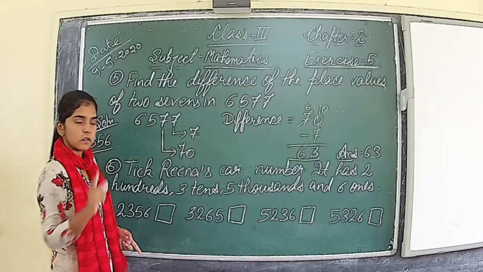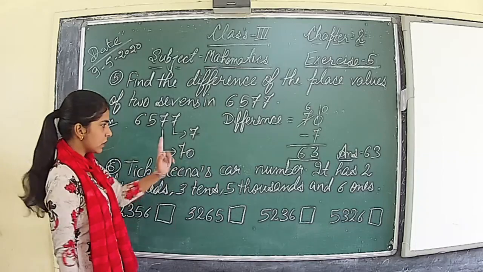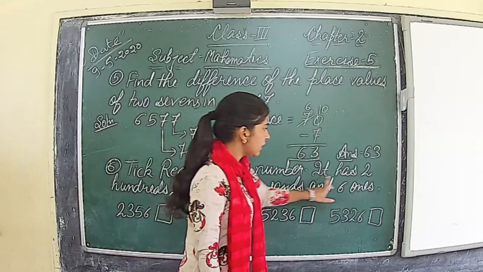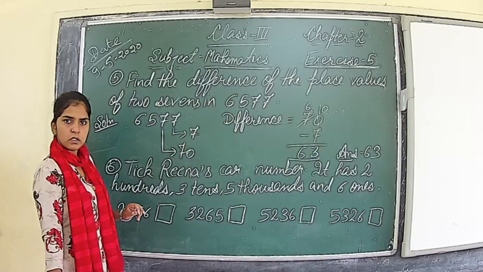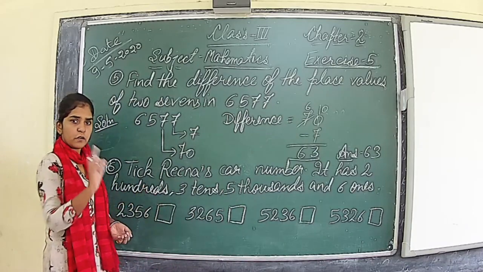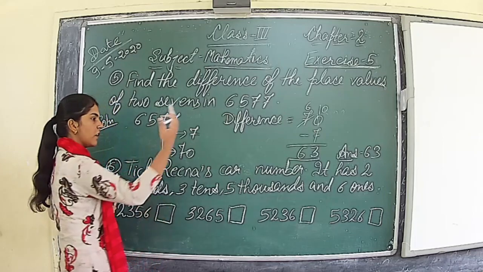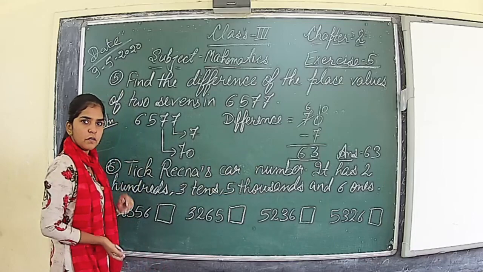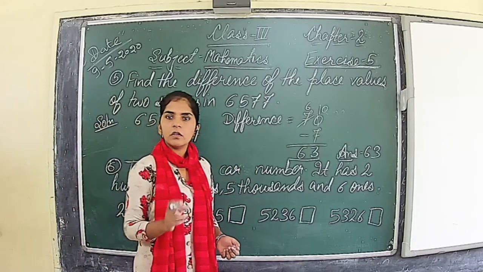You will read the question carefully. What is written here? Here is written it has 200. At first place, which digit should be there? 1, if I start writing the number from my right hand side. And if I want to write the number from my left hand side, so I will use first of all 1,000.